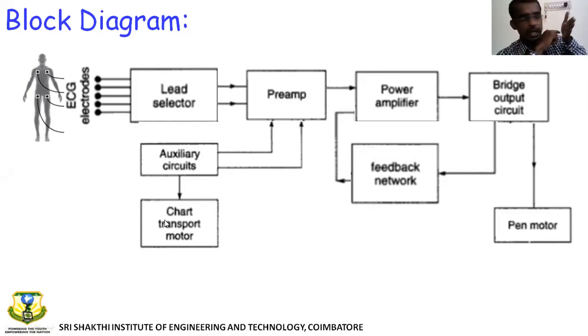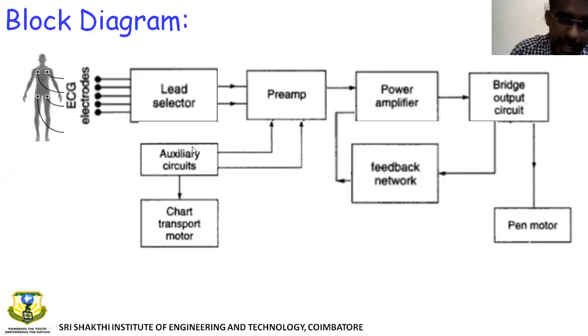The chart is moving sideways and the pen is plotting, and the result is a graph. So one operation of the auxiliary circuit is to take care of the chart speed, or the scale of the plot. If you want a compressed scale, the chart needs to move slowly. If you want an expanded scale, the chart needs to move fast.